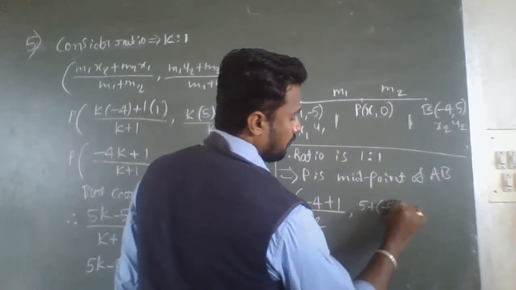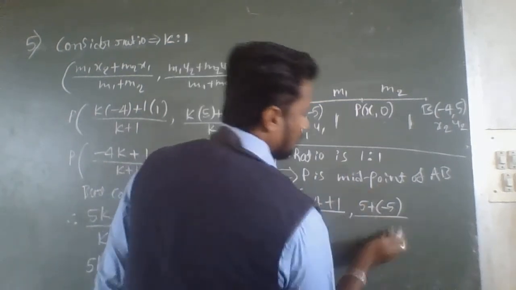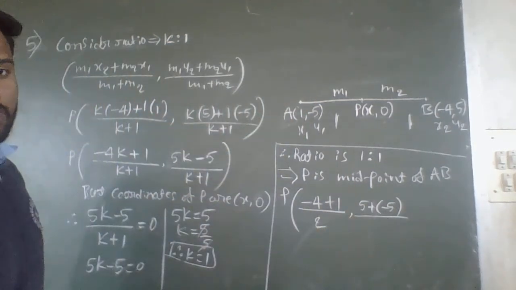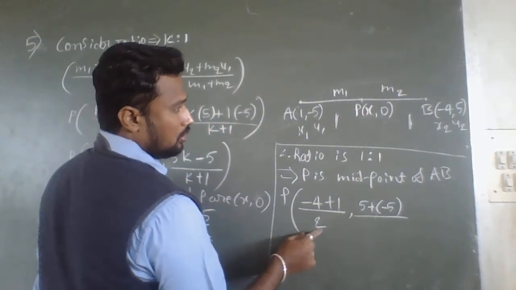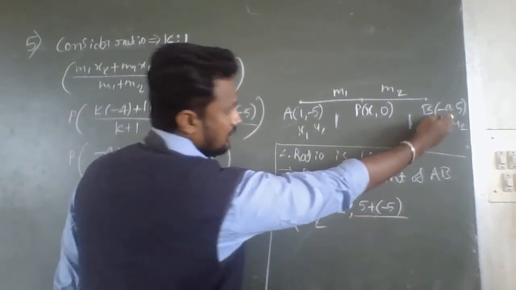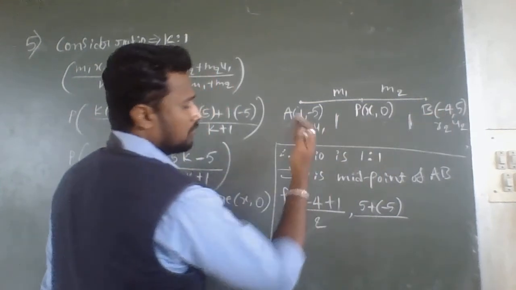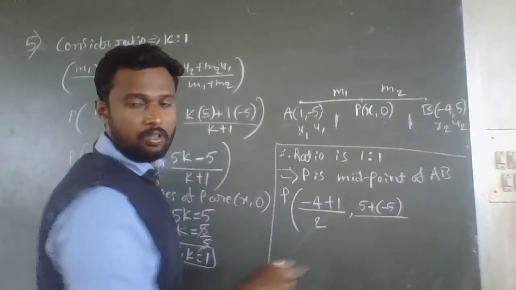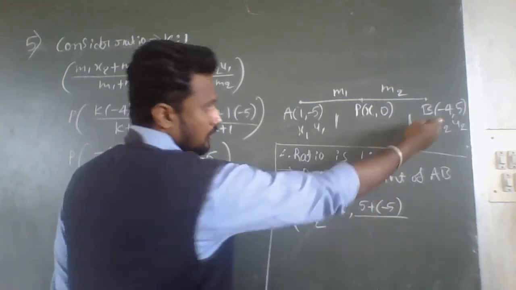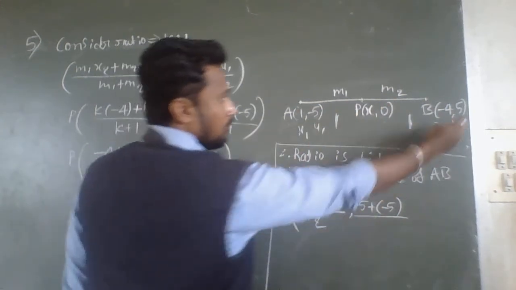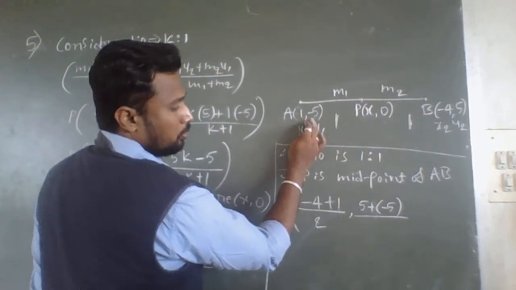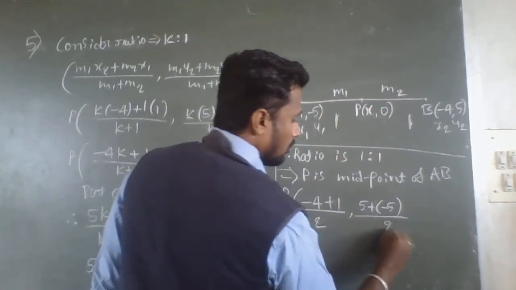Here x1 plus x2 by 2 or x2 plus x1, both are the same. So I first wrote minus 4 plus 1 by 2, and 5 plus into bracket minus 5 divided by 2.